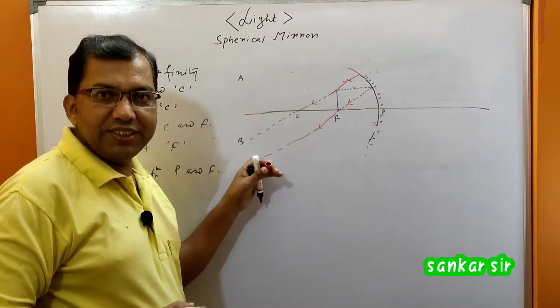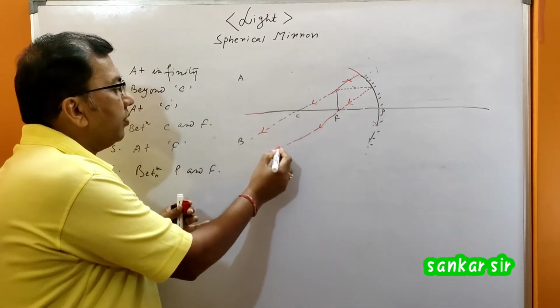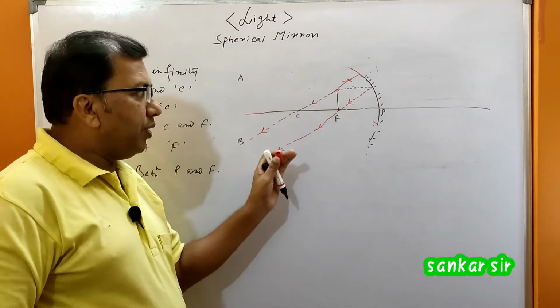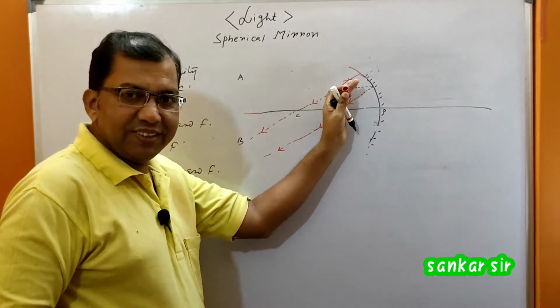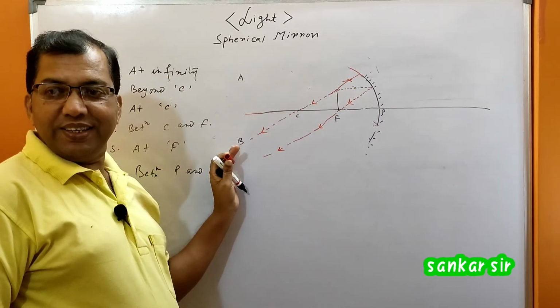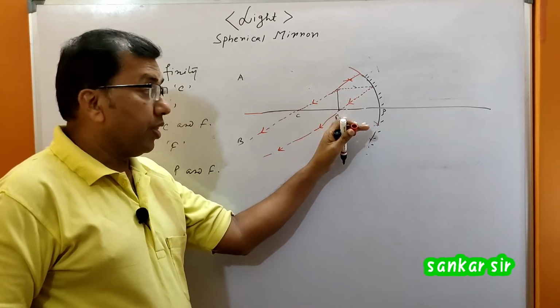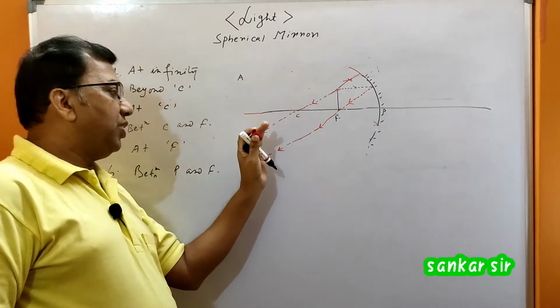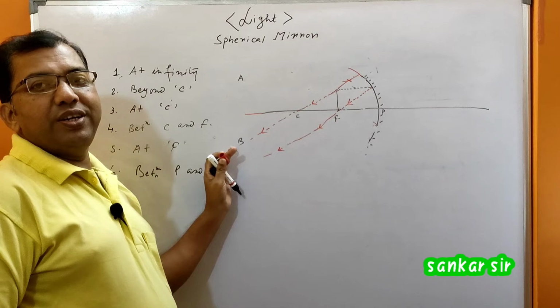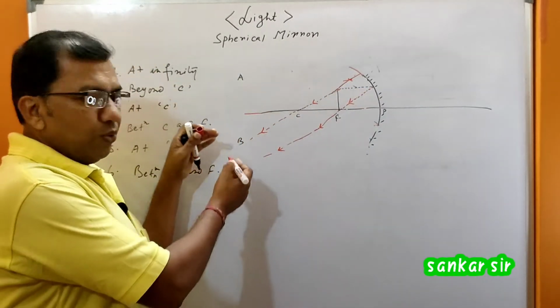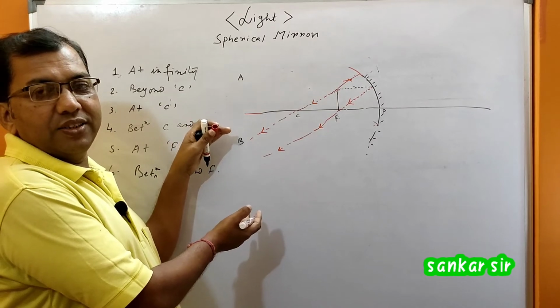Okay? In these positions, where will they meet? They will meet at infinity. That means the image will be at infinity. Position of the object is at focus and position of image will be infinity. Okay? And this size will be enlarged.